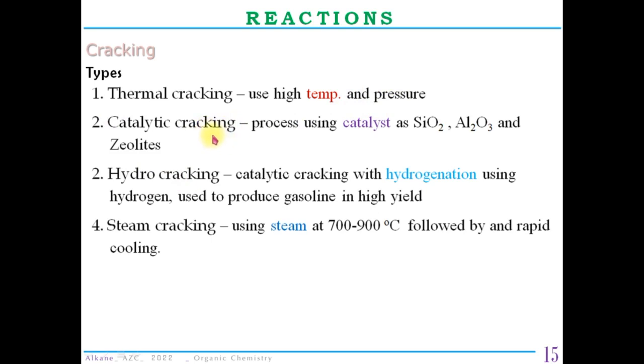If catalysts are used, it is called catalytic cracking. We have hydrocracking also, where hydrogenation is also performed in the cracking process. Steam cracking, where there is use of water as steam at 700 to 900 degrees Celsius.